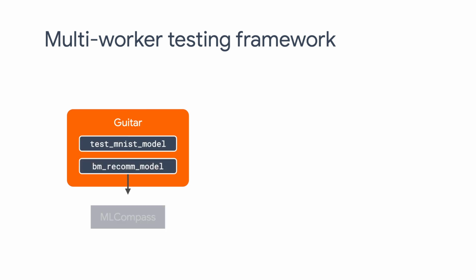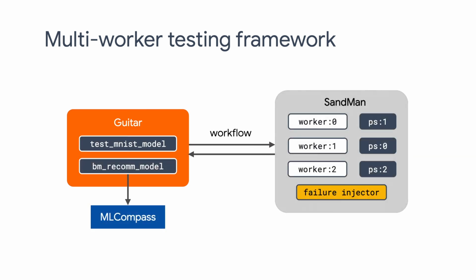And finally, we will talk about the multi-worker testing framework that we set up. The motivation for this work is that TensorFlow previously did not have an automated multi-worker testing environment on Borg. And in the V1 Estimator world, we heavily relied on users or other teams, such as TFX, to report regressions or breakages.